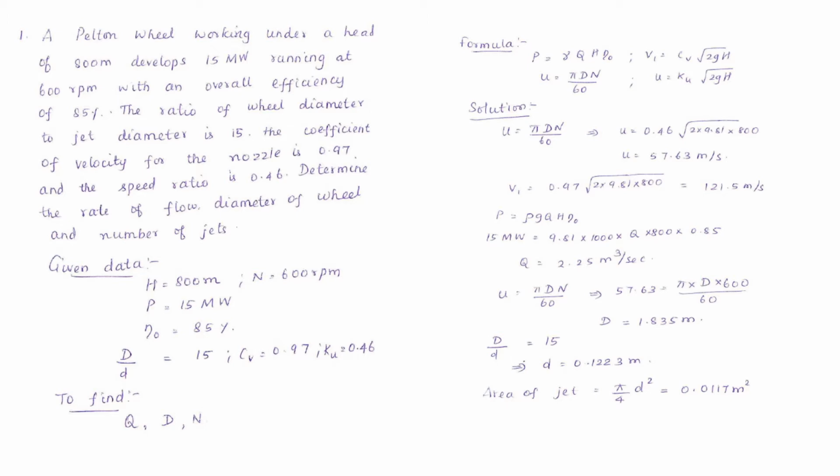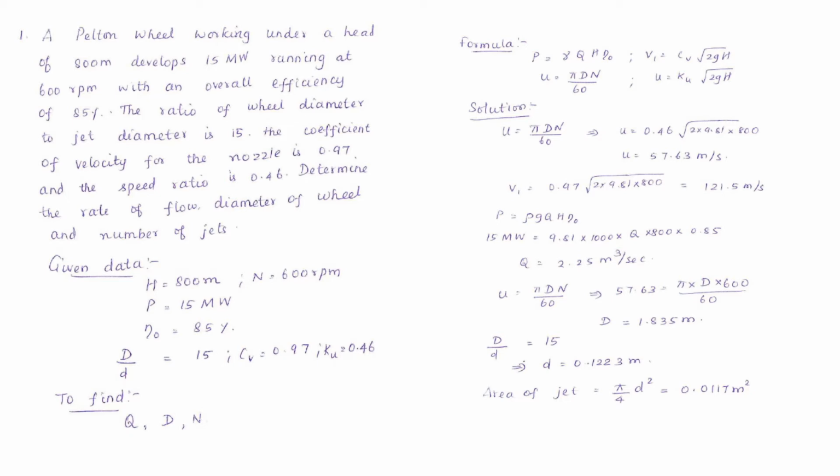For finding the diameter of the wheel, we know the formula, U is equal to pi D N by 60. Here diameter is unknown, speed is given and U is also unknown. But we can find U with the help of KU. What is KU? Speed ratio.